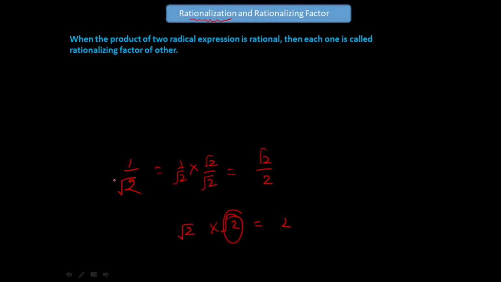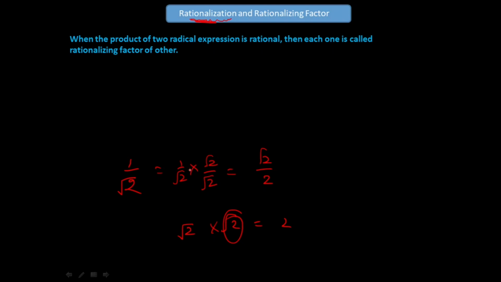It was an irrational denominator, a radical denominator. Now it has become a rational number. It was an irrational number, and now the denominator has become a rational number. This procedure is called rationalization.